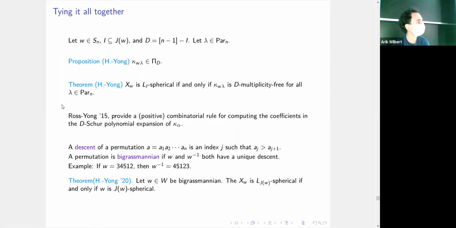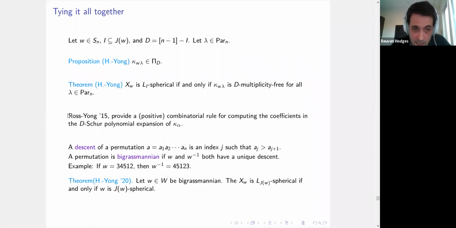What is special to type A about this? There's nothing special in type A in the sense that this works in general. It's just that the characters are a little bit less well understood in other types. For example, this positive combinatorial rule for finding the coefficients in the expansion is for type A specifically.